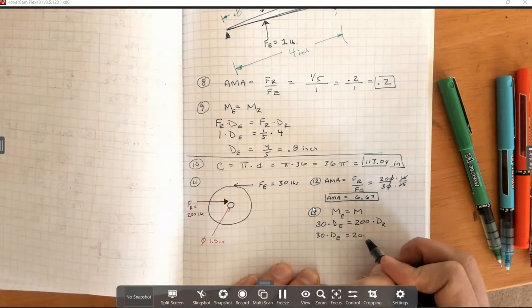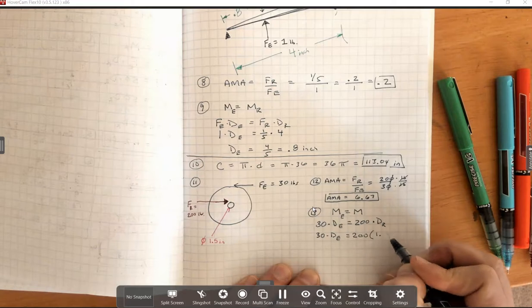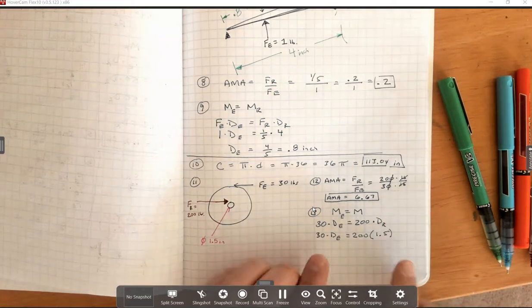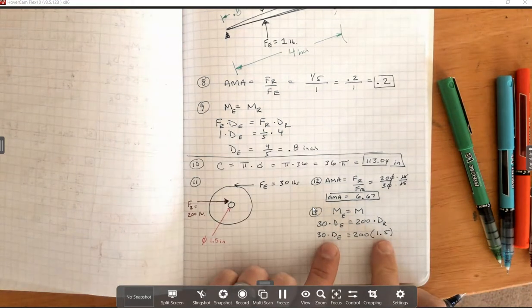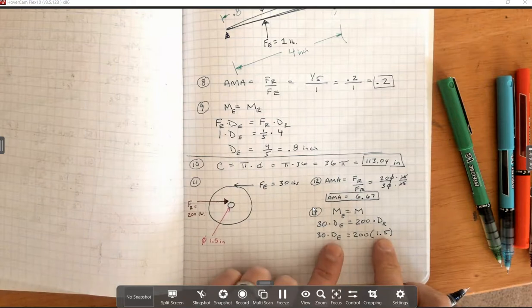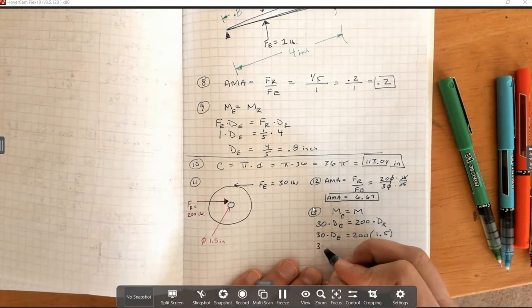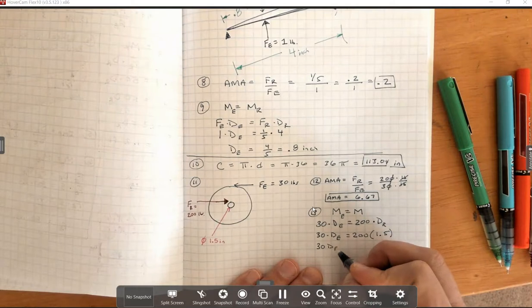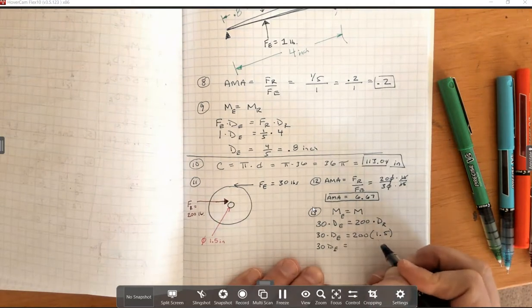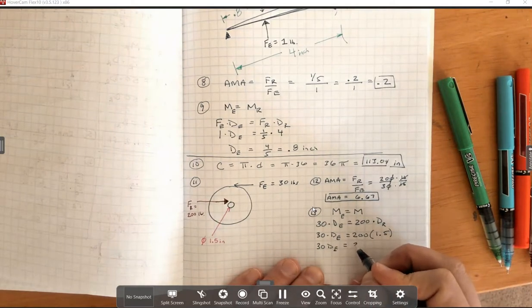The diameter of the axle was the 1.5. Hopefully that makes sense though. I'm using both diameters, diameter in, diameter out. Okay, so I get 30 DE is equal to 1.5 times 200, which is 300.